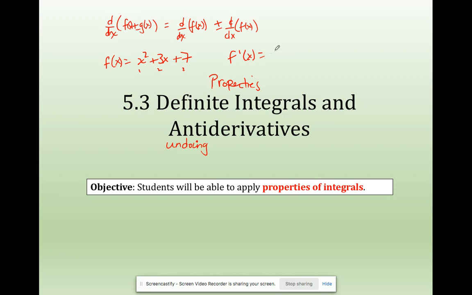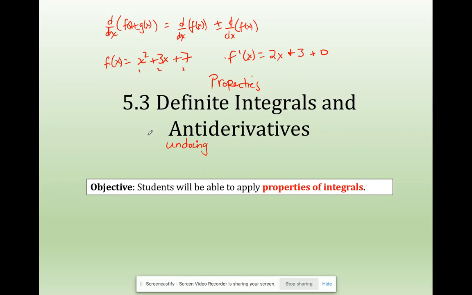You use the bring it down property rule. You use the constant multiple rule. The derivative of 3 times the function x is 3 times the derivative of x to the first, which is just 1. And then the derivative of a constant is 0, right? You use multiple derivative properties to evaluate, given f, find the derivative.